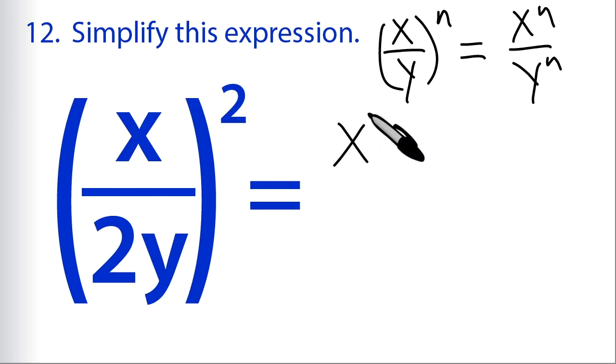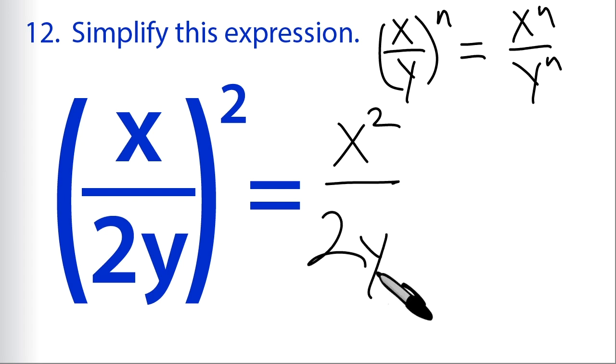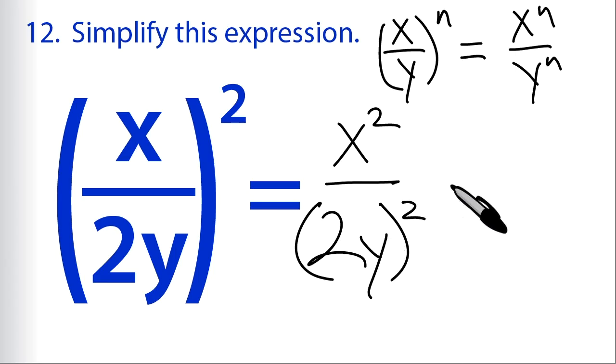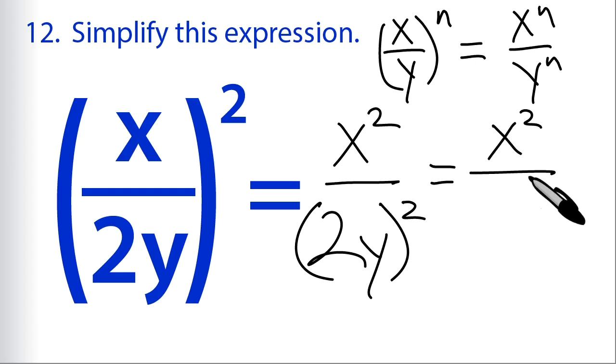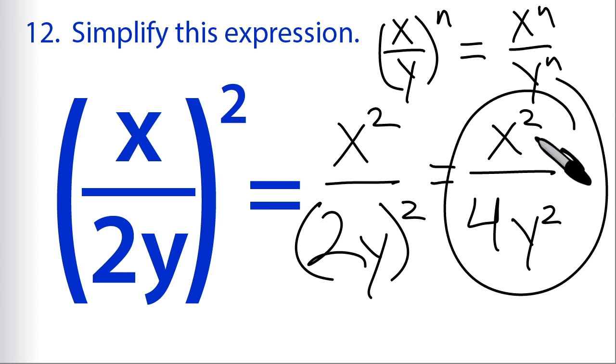So we have x squared over 2y, and then we're going to distribute this 2 to this whole group, 2y squared. And now we still have parentheses, so we can simplify this further. And we have x squared is already simple on top, and then we distribute this exponent to both the 2 and the y. And so 2 squared is 4, and then y is squared. So x over 2y, that whole group squared, equals x squared over 4y squared.